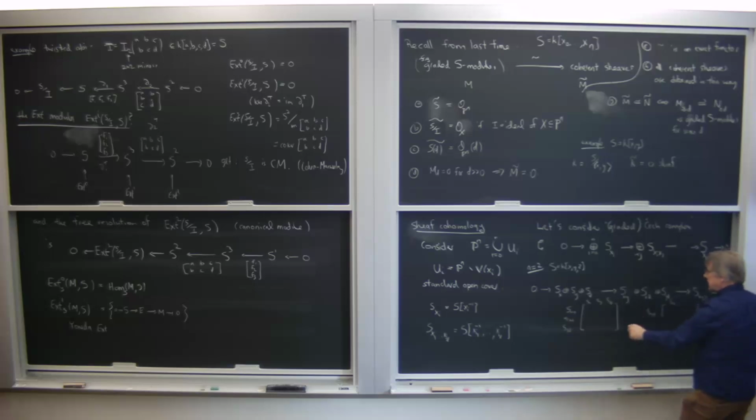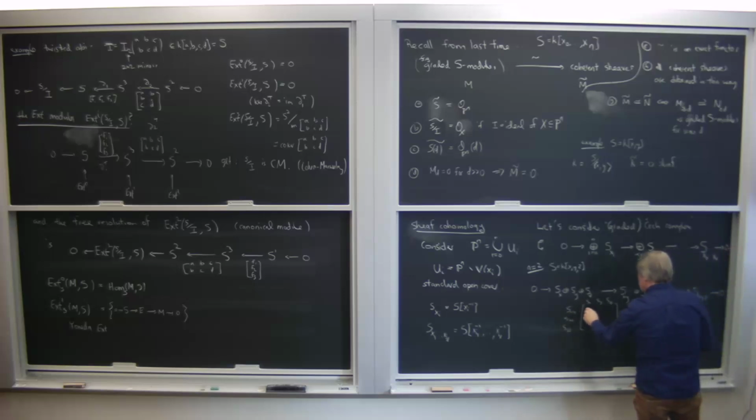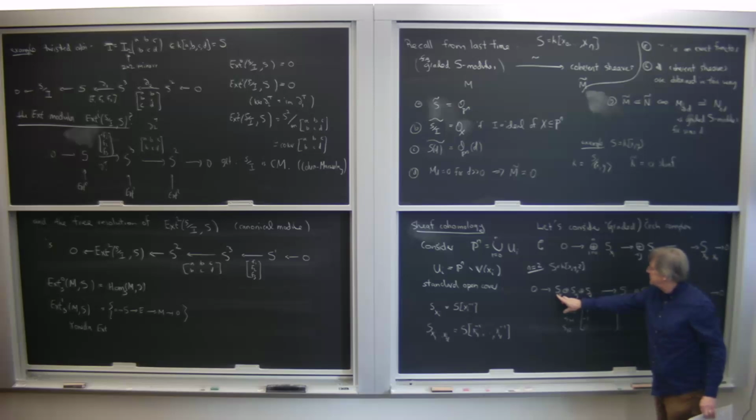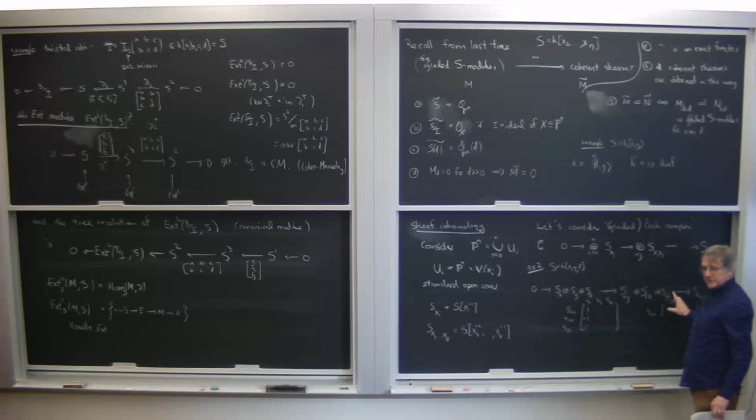But what is the map here? Sx is going to go to 1 here and a -1 here. And 1 just means inclusion. It doesn't mean the identity, because that would be the map from Sx to Sxy. So an element in here, some fraction a over x to the r, say a over x cubed, would go to a over x cubed, comma, minus a over x cubed, comma 0. Okay, so that's all that is.